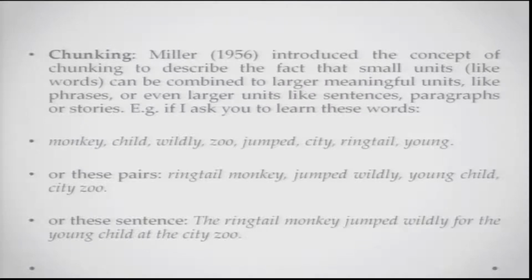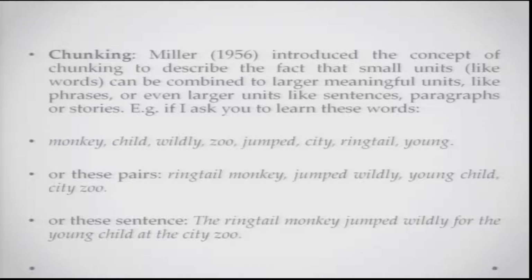Miller in 1956 introduced the concept of chunking to describe the fact that small units like words can be combined to make larger, more meaningful units like phrases, or even larger units like sentences, paragraphs or stories.